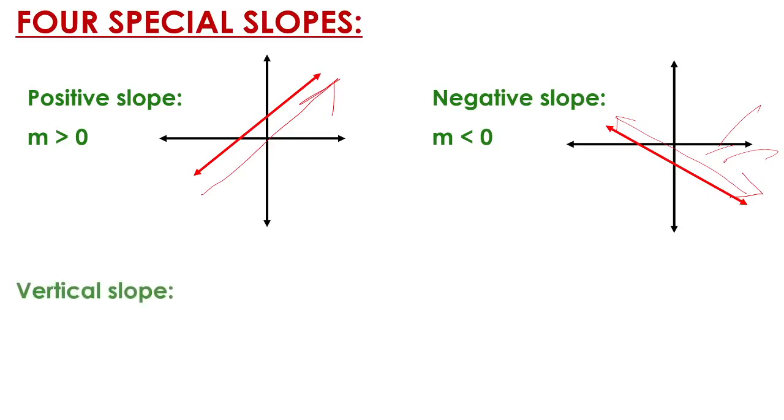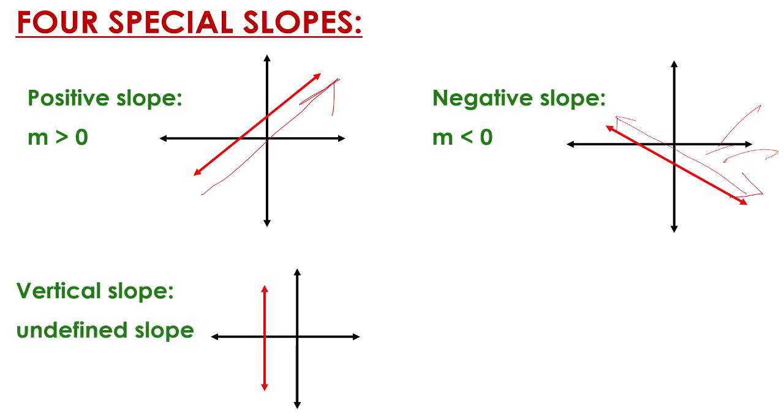Next, what about vertical slope? So for sure, this is the slope of vertical lines, and the value is undefined. So take note, if you are given a vertical line, the slope is undefined. You will not be writing any value. You will be simply writing undefined. What if I'm going to have a horizontal line?